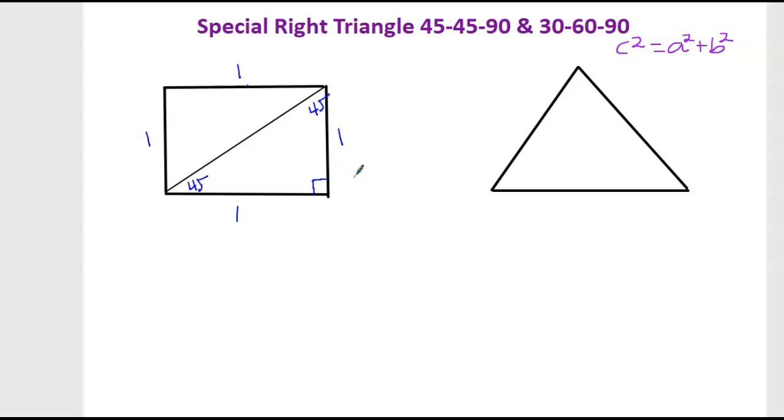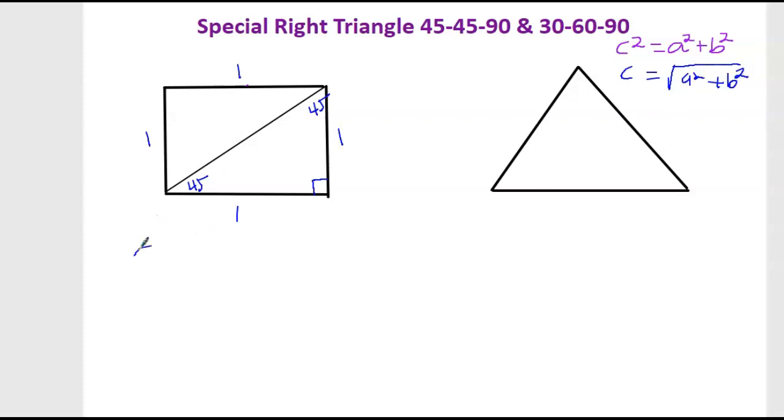If that is the case, can I figure out this diagonal with the help of the Pythagorean theorem? I am able to figure it out here. We are looking for C, and anytime we are looking for C, which is the hypotenuse, the longest side, it is just the square root of a squared plus b squared.